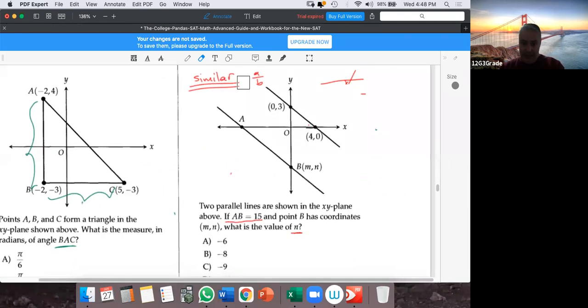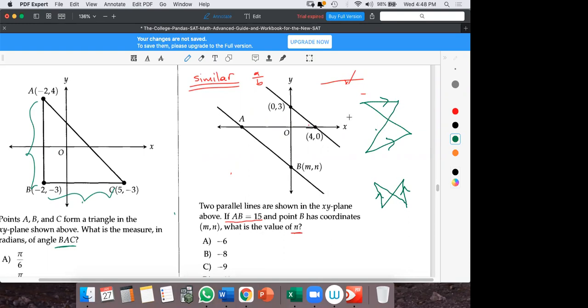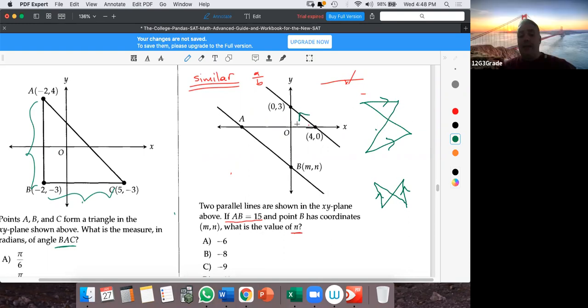In this figure, like a butterfly, I'm calling this butterfly, if the lines are parallel to each other, and if there is a common vertex, 99% there are similar triangles, actually 100%, not 99.